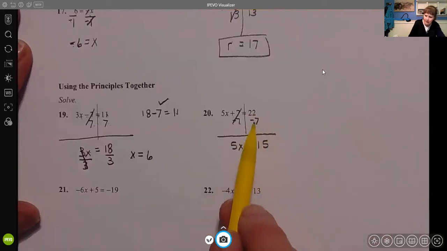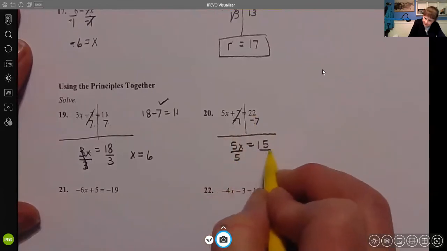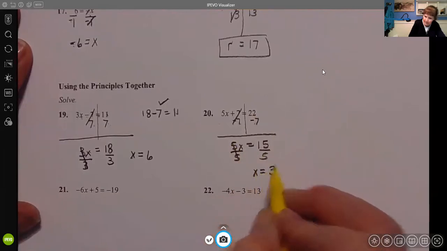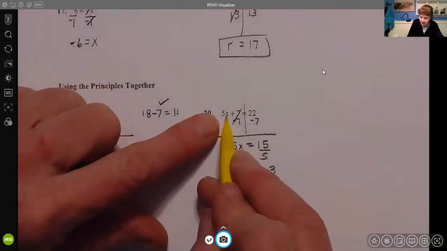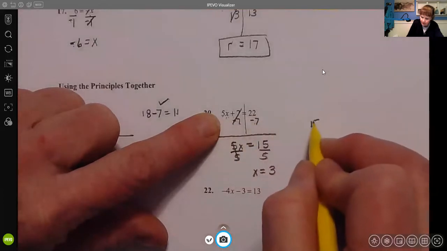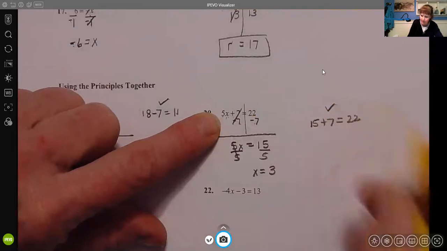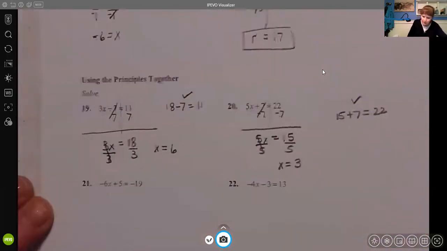Those 7 of those negatives will take 7 of those and leave you with 15 positives. Divide by 5. X equals 3. Does it check? 5 times 3, x is 3, 5 times 3 is 15, plus 7 is 22. So it checks. All right, 2 more and we're done.